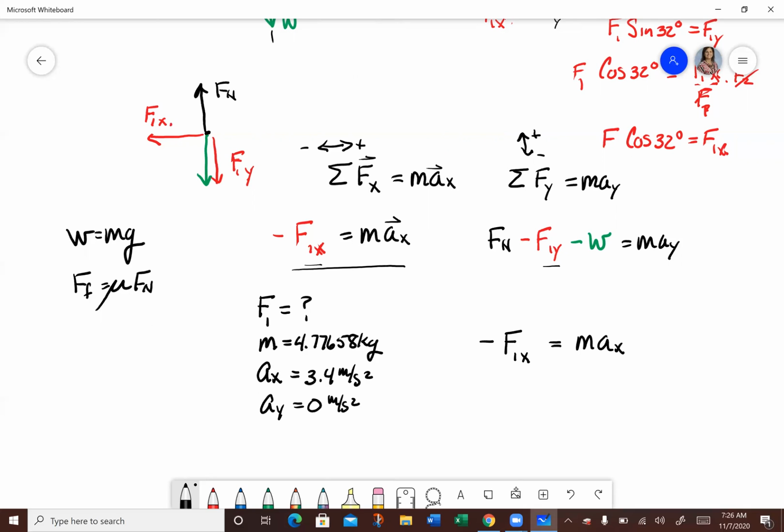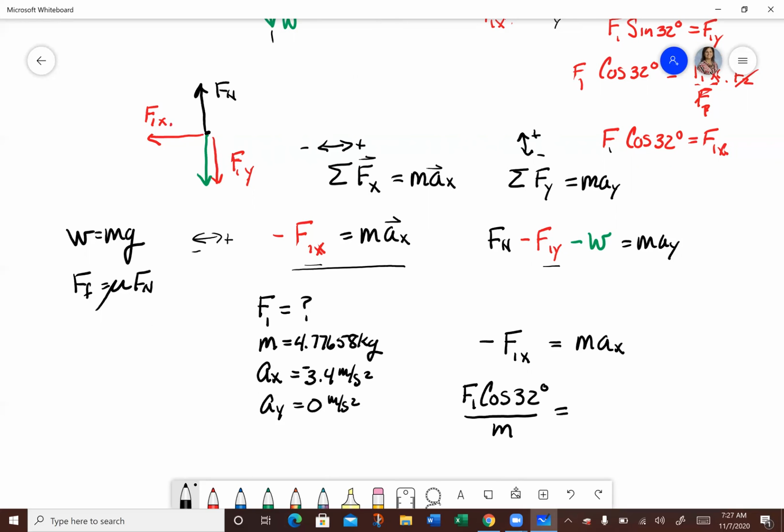So I do need to write, if I'm going to take to the left negative and to the right positive, this acceleration is also a negative value. So my f1x, I know to be f1, that should have a 1 underneath it, cosine 32 degrees.